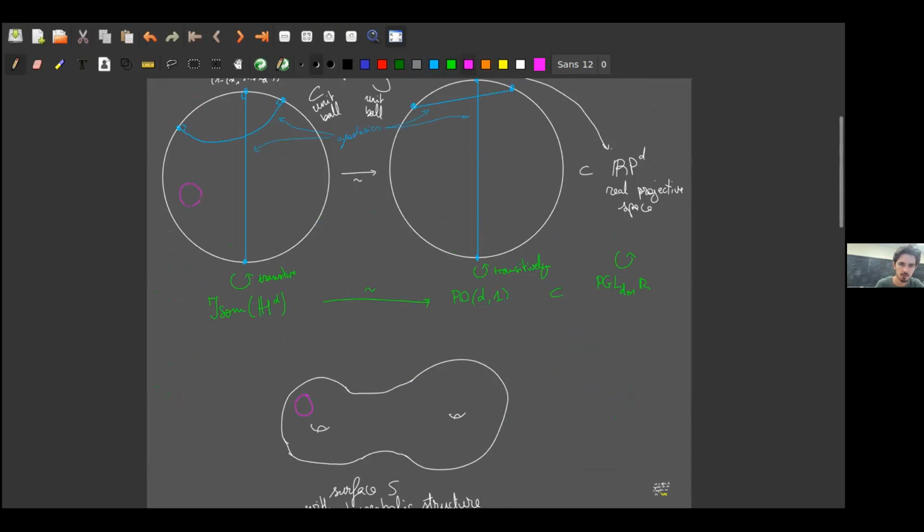So our surface is covered by open subsets which are in bijection with open subsets of H^d, in such a way that if we have two charts that meet, then the associated change of chart is an isometry of H^d.